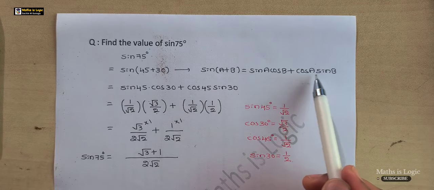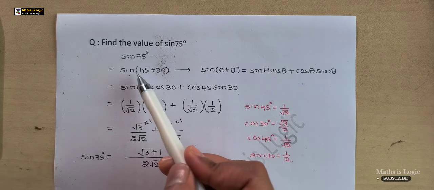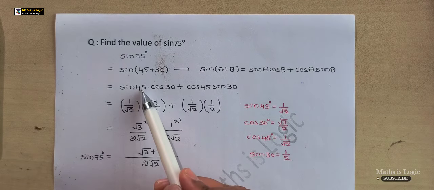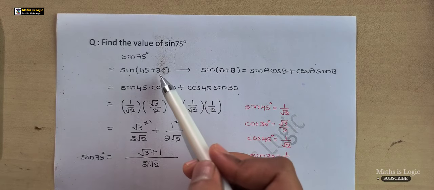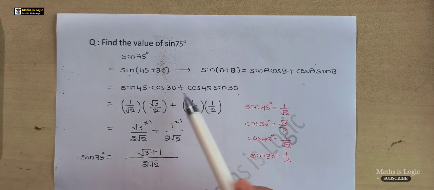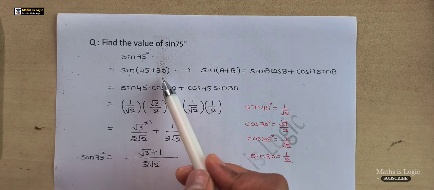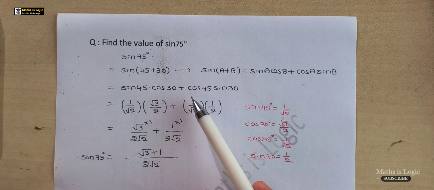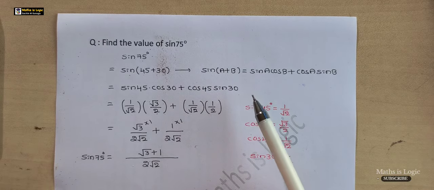That time apply the formula: sin A cos B plus cos A sin B. Remember, A means 45, so wherever A comes, replace by 45. Next, B means 30 degree, and wherever B comes, replace by 30. So sin(45 plus 30) becomes sin 45 into cos 30 plus cos 45 into sin 30.